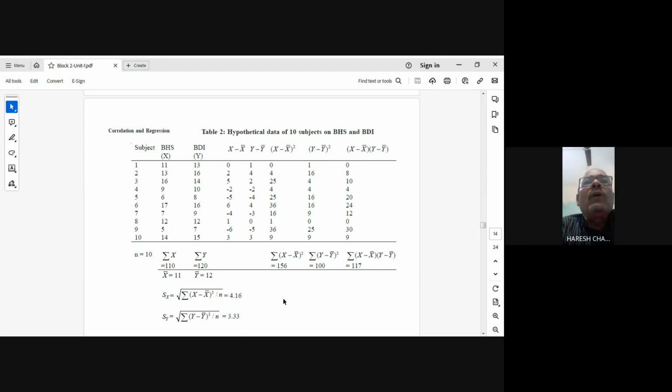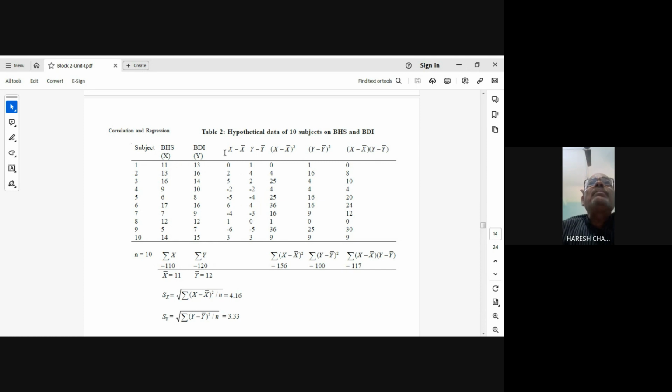If you simultaneously calculate, it will be convenient for you for practice. Now BDI, sigma y, 120. Now mean of this, 110 divided by 10, is 11. Mean of this, 120 divided by 10, is 12. If you cannot understand something, ask me.